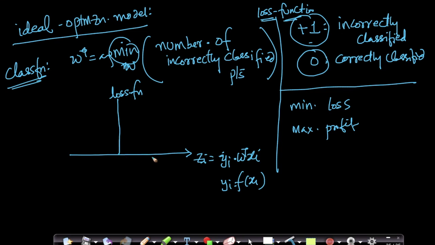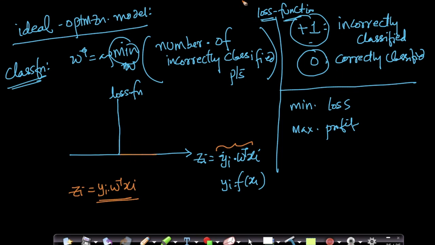If Zi is positive, let's define one loss function. This loss function will look like this. If Zi is positive, what does it mean? It means my point is correctly classified. Remember, Zi is yi w transpose xi. If Zi is positive, the point is correctly classified because the sign of yi and w transpose xi is the same in logistic regression. Then the loss should be 0 for the ideal loss function.